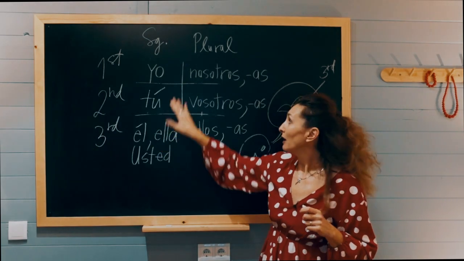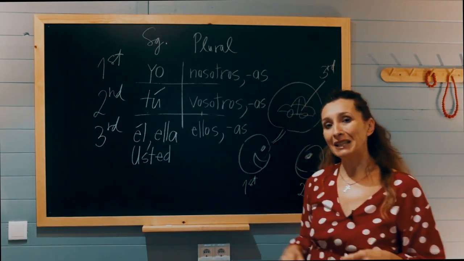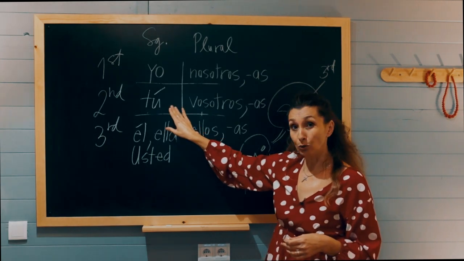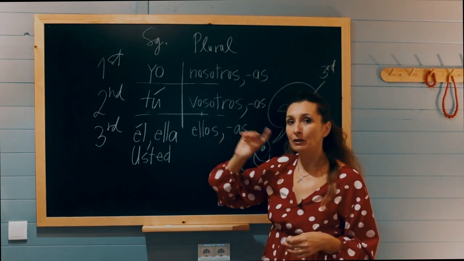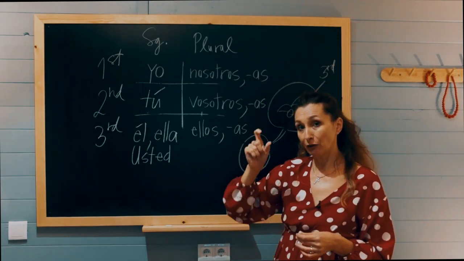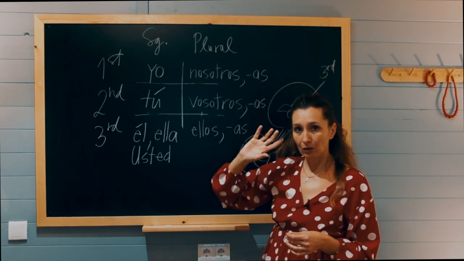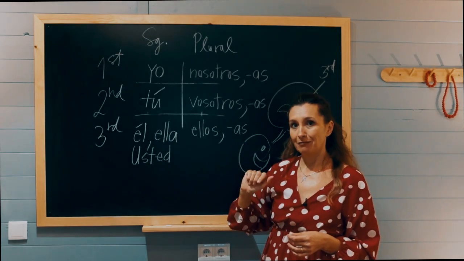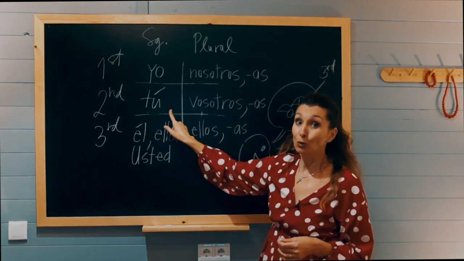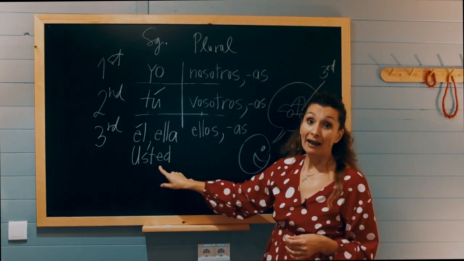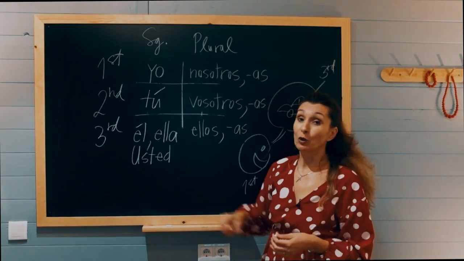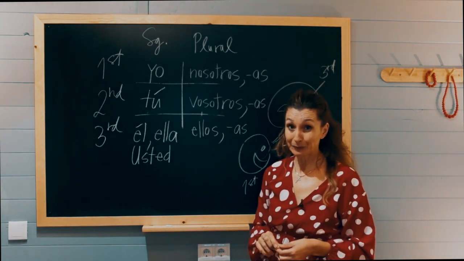In Spanish, they will all be different. Okay? So even if you don't say tú, the verb will give it away. The form that you use will let everyone know that you are using the tú form, and when you use this one, everyone will know that you are using usted. Okay?